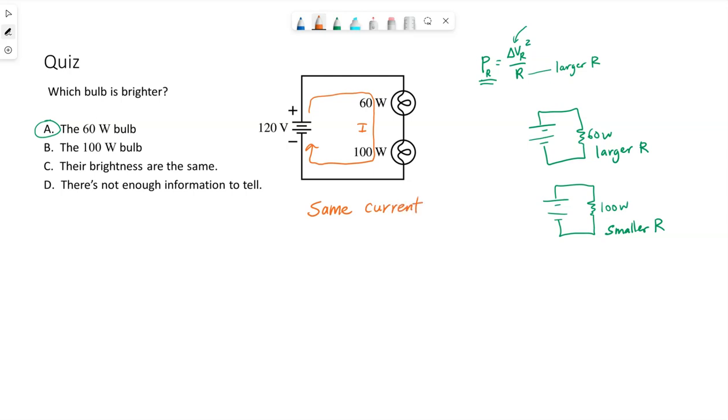If they have the same current but different resistors, now the actual power we would look at as I squared R. Same current but larger resistor means a brighter bulb.